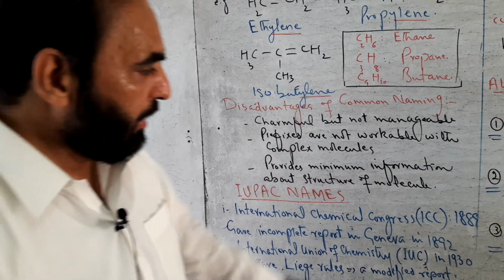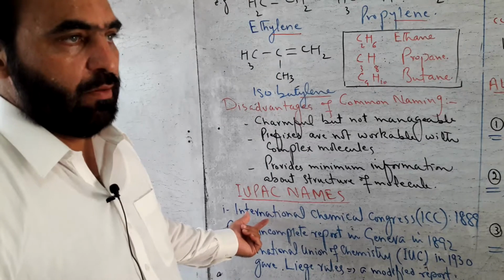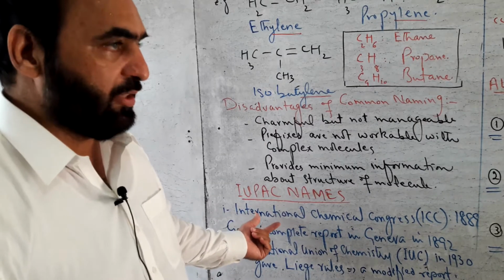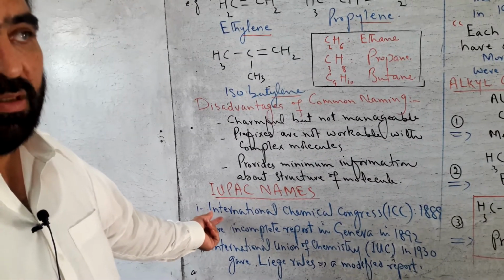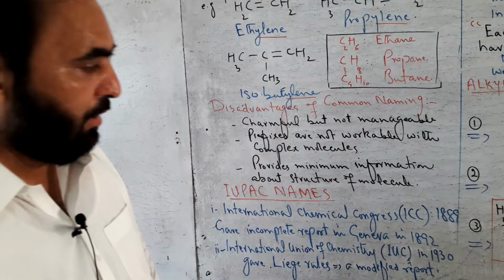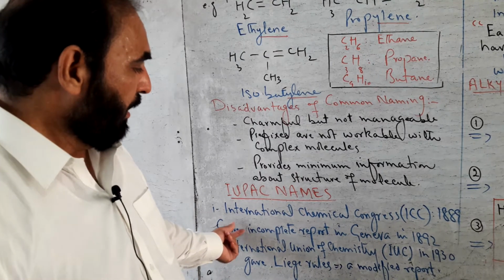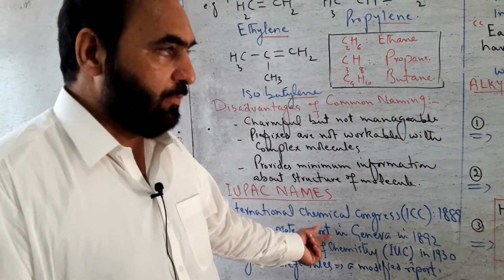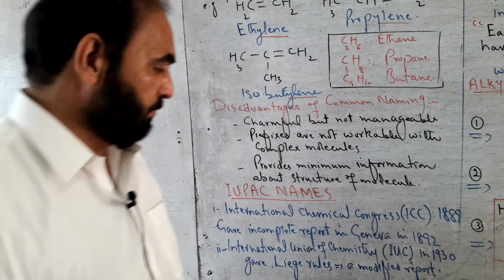In 1889, first committee for giving name to organic compound systematically was constituted with name International Chemical Congress, ICC, which gave a report which was incomplete in Geneva in 1892.